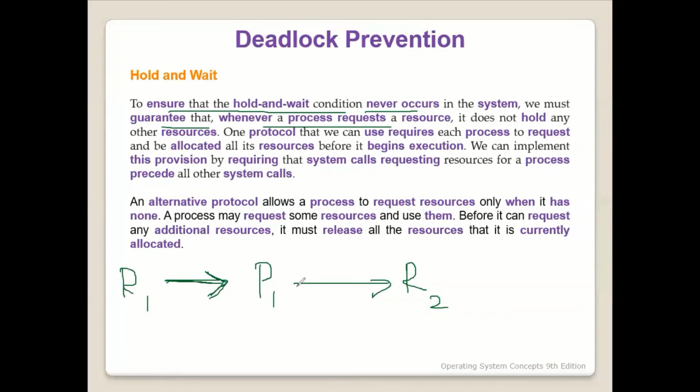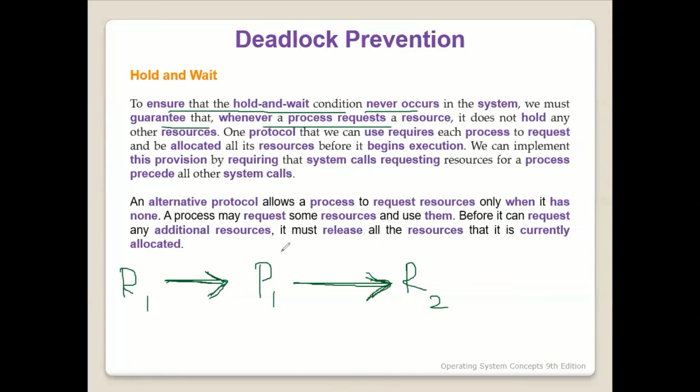That's the meaning. If the edge is like this, it comes from a process to a resource, that means P1 is requesting an instance of the resource R2. It's not yet allocated, it's just requesting. Okay, let's see the hold and wait.